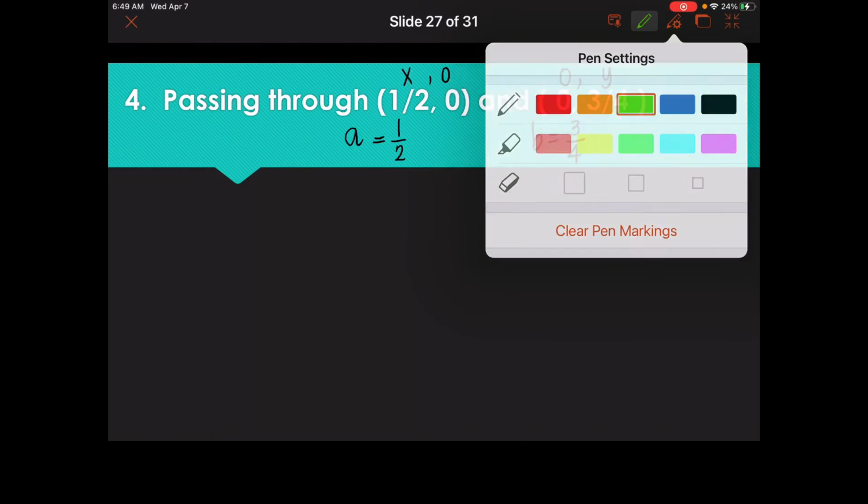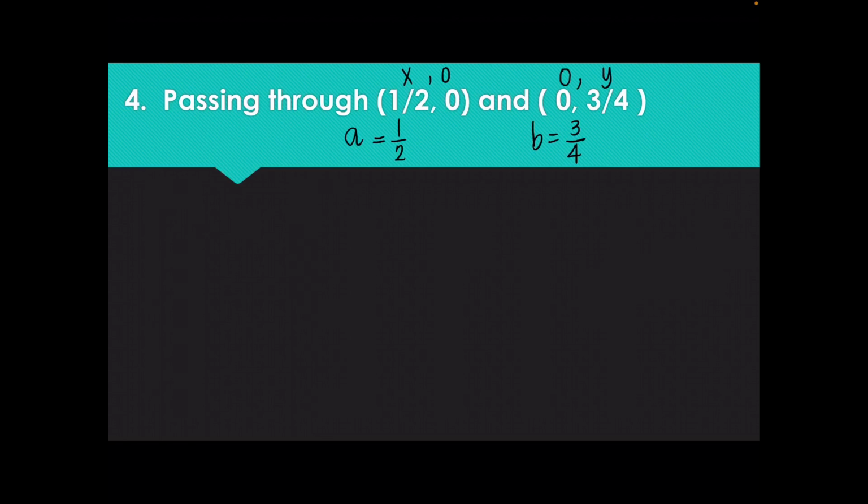Okay, now let us use the formula x over a plus y over b is equal to 1. So that would be x over 1/2 plus y over 3/4 is equal to 1. Okay, and then let us fix the equation.